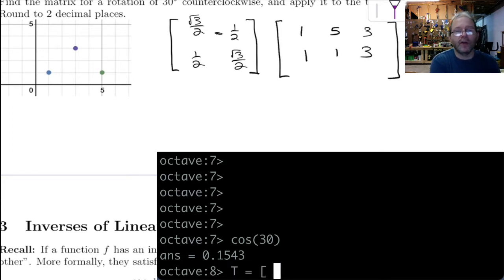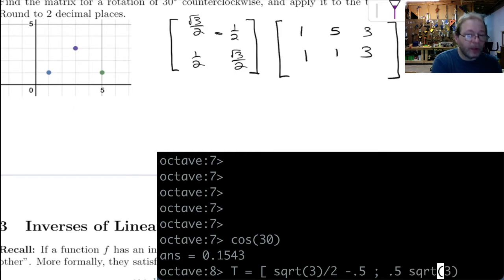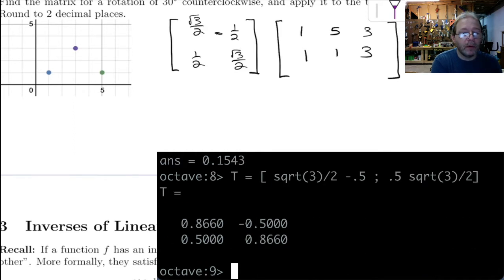We could convert from 30 to pi over 6, but I'm just going to type in the numbers. 1/2 is easy enough, and root 3 over 2 isn't that bad. So we've got root 3 over 2, minus 0.5, 0.5, root 3 over 2, and it gives me this. All right, so that's our transformation matrix.